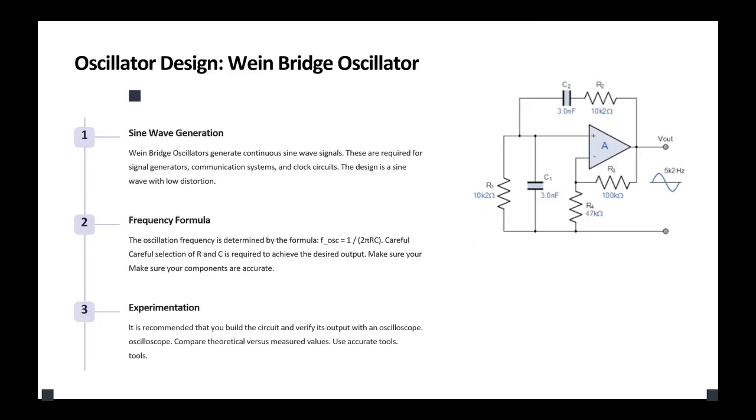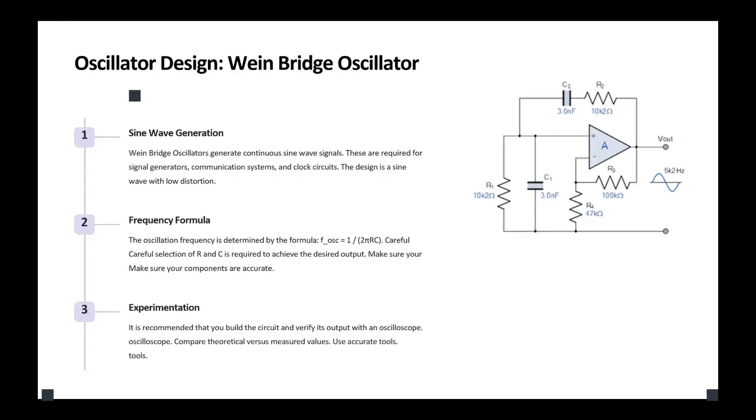Now that's the job of an oscillator. And among all the oscillator designs, one of the most elegant and intuitive ones is the Wien bridge oscillator. Now let's break it down step by step. What is an oscillator? In electronics, an oscillator is a circuit that takes DC power as an input and produces a repetitive waveform at the output.